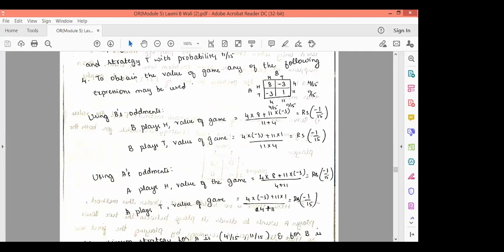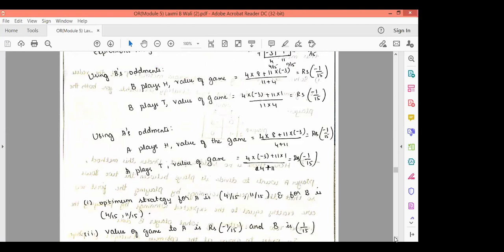Whether we have used B's oddments or A's oddments, we are getting the same value of the game. It means the value of this game is minus 1 by 15. What are the strategies now?